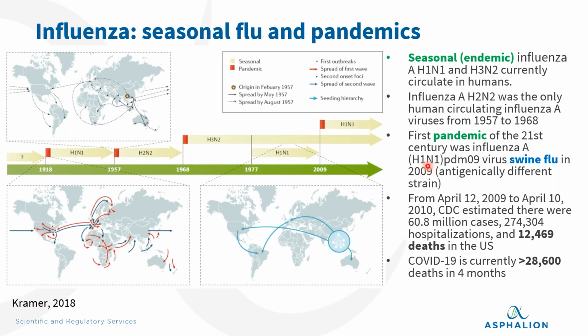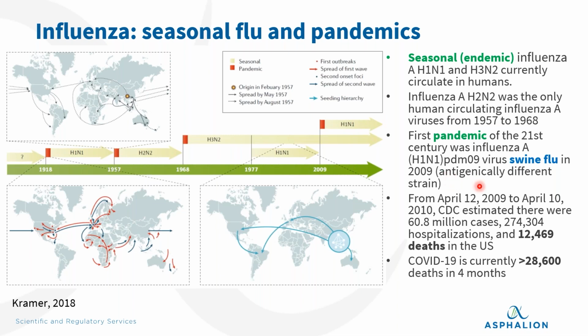This was caused by an H1N1 variant, where there was no antigenic protection in the population before it emerged. So even though it's the same H1N1 that was circulating, it had an antigenic variant that meant people were more susceptible to the swine flu.